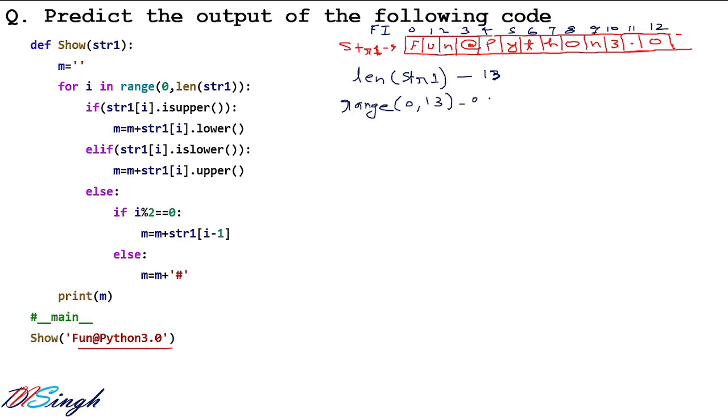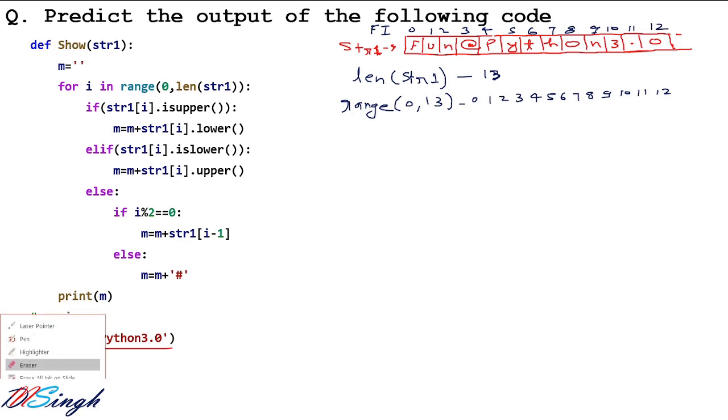So it will start from 0, 1, 2, 3, 4, 5, 6, 7, 8, 9, 10, 11, 12, and 13 will not be there. Up to 12 it will have, 13 will not be there. So this is the range function output we will get.